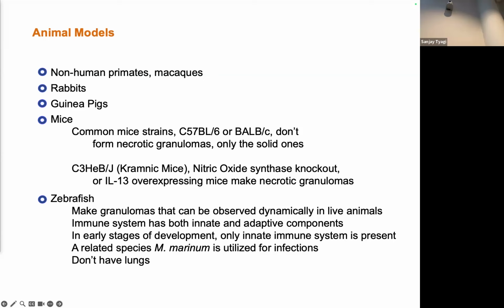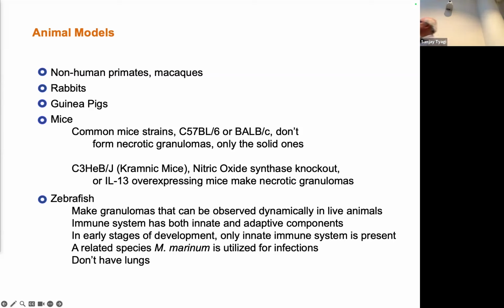They make solid granulomas, but they don't necrotize, except in some special circumstances, such as in this mouse strain that Igor Kramnik made. They make necrotic granulomas. The mouse strains that people use in the lab are highly inbred, and they don't make necrotic granulomas, but wild mice probably do.